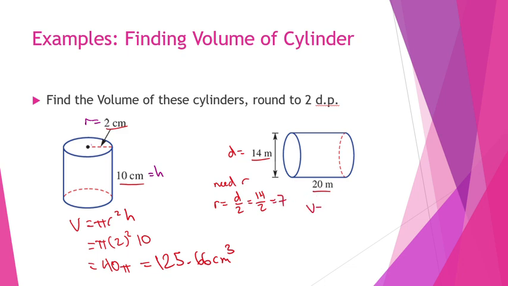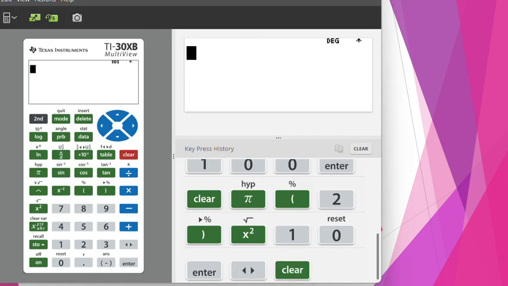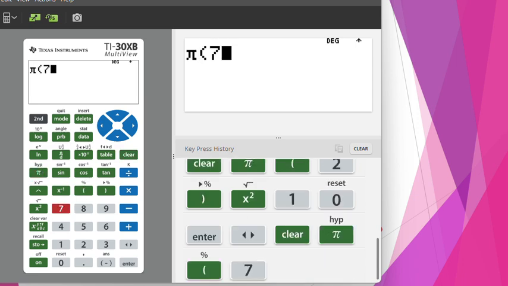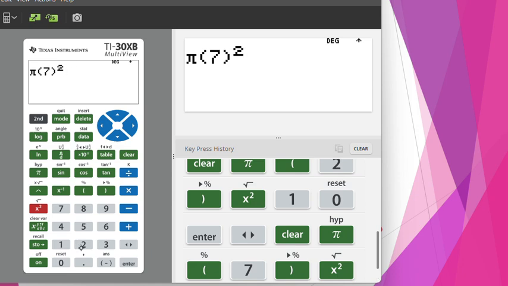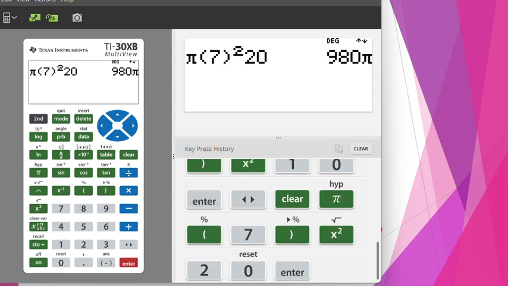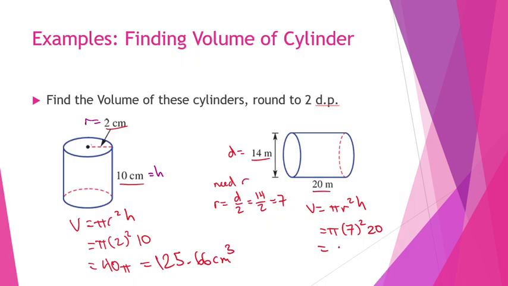Once we have that, we can substitute it into our formula. If we type that into our calculator, pi times 7 squared, and then the height was 20, I get 980 pi.